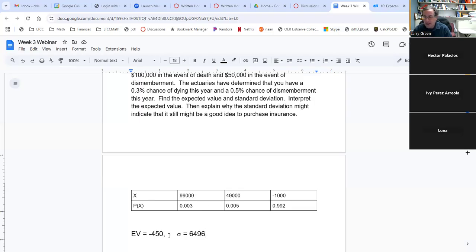Okay. Any guess on where I use expected value, where I've used it in my life? Any guesses? With my job, actually, I don't. I mean, other than teaching expected value, but that's not really using it. That's teaching it.